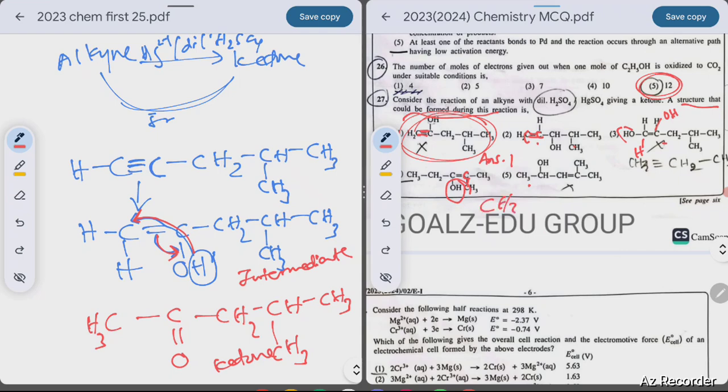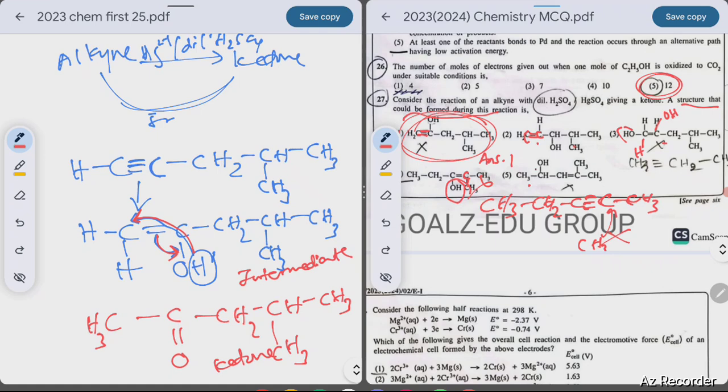Triple bond is like this, no? C triple bond C, CH3, CH3. But this can't be. It means now if it has a triple bond, it should have like this, no? Triple bond C, CH3. No? But there is another CH3 group there. But we can't add the structure like that. So the structure itself is wrong in the fourth one.